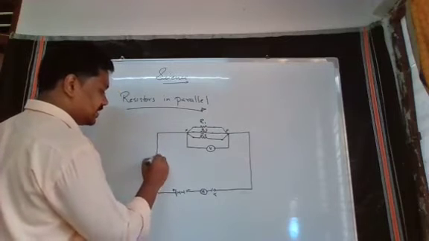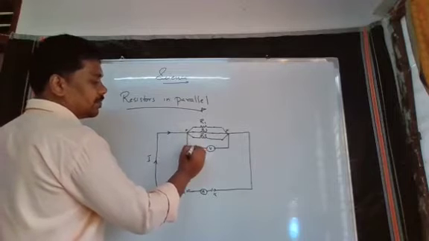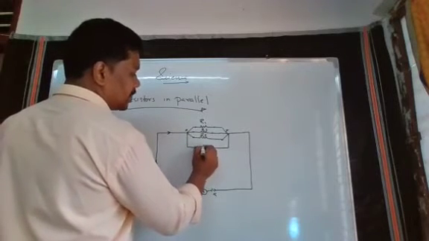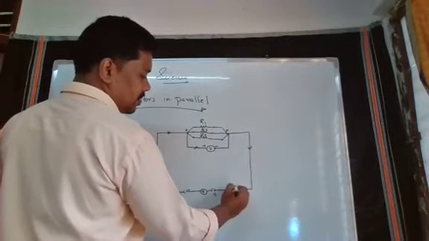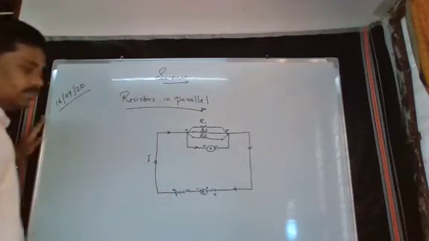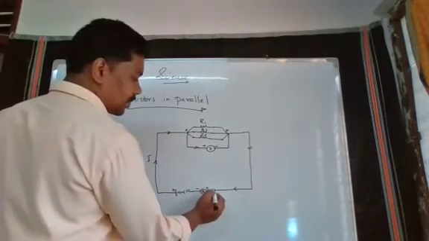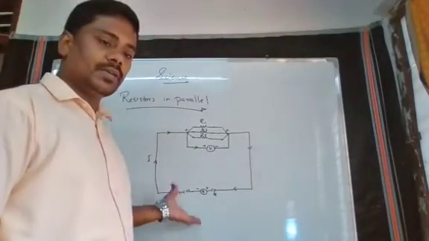Current I flows in this direction. The voltmeter has a positive side and a negative side, and the ammeter has a positive side and a negative side. And switch key K. Okay, the parallel connection is there.